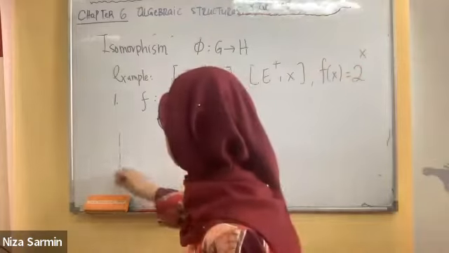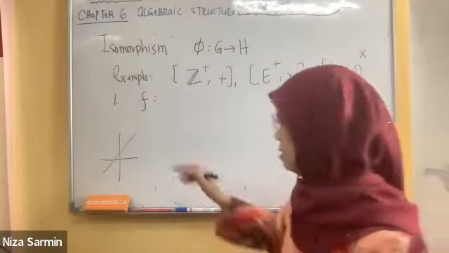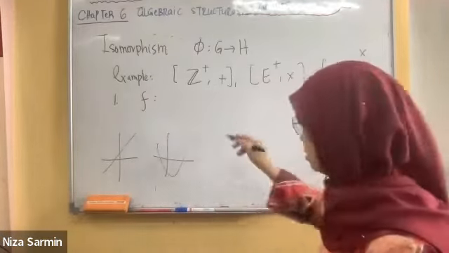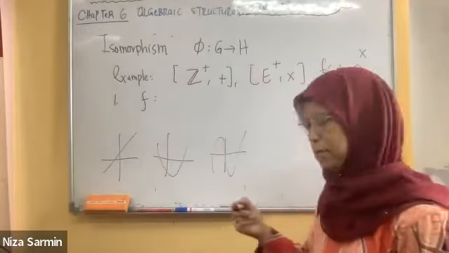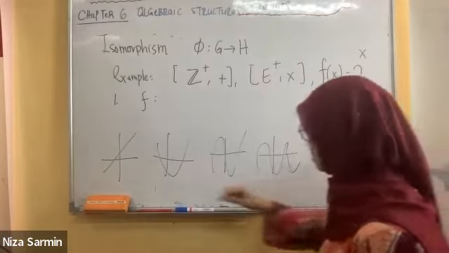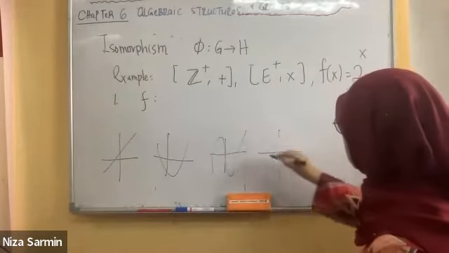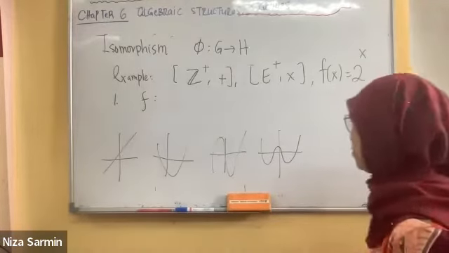Some basic graphs: linear, quadratic, cubic, right? Big W, to the 4, right? To the 4.